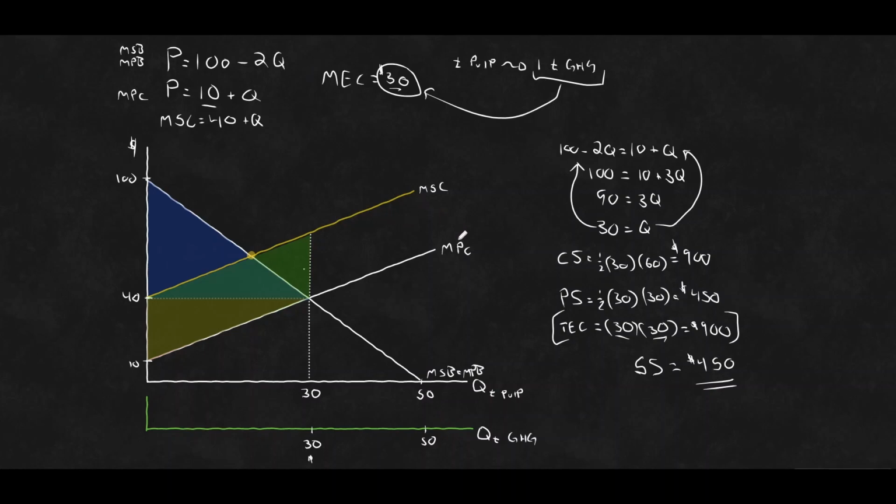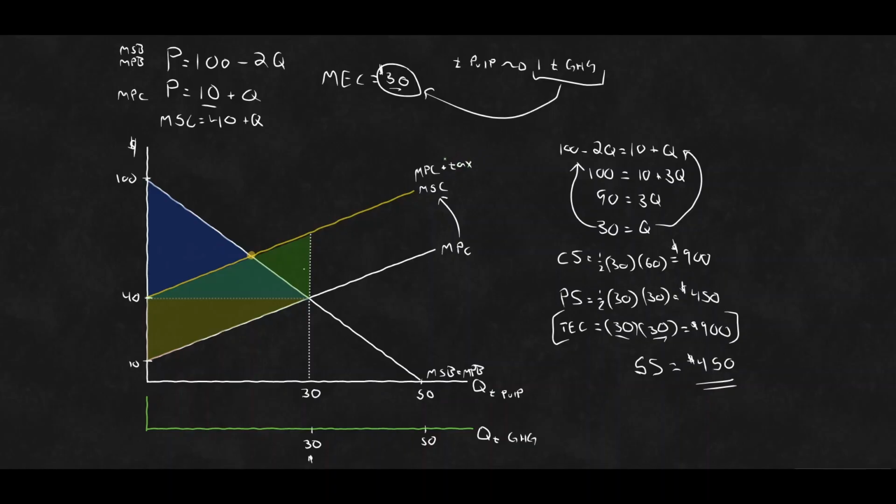Well, our solution is to get this private cost curve to shift up over top of the social cost curve. And the way that we can do this is by setting a tax. We can set a tax equal to that marginal external cost.